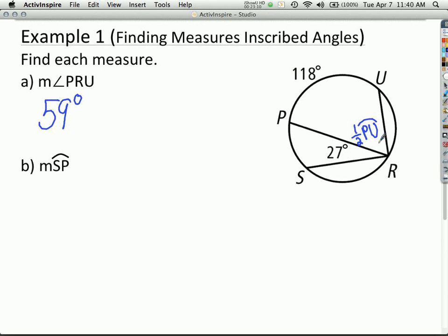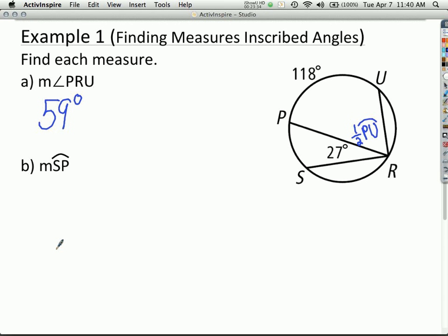So if we could say that the angle is half of the arc, what would you say in words if, as in part B, I asked for the arc and you had the angle? Alicia, what would you say in words? If the angle is half of the arc, what would you say if you had to go in the other direction?